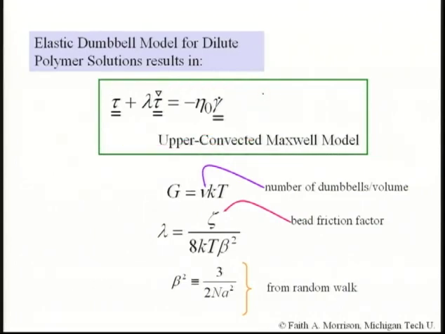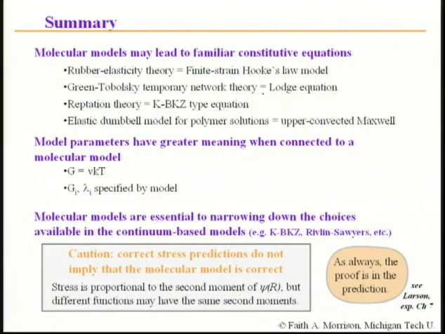We get the upper convected Maxwell model. So the end of the story on molecular models is that although they're terrific because they give us some insight into how the molecules actually behave and why the equations turn out the way they do, you can start from vastly different molecular models and get the same constitutive equation. The temporary network model and the dumbbell model both give the upper convected Maxwell model or the Lodge model.